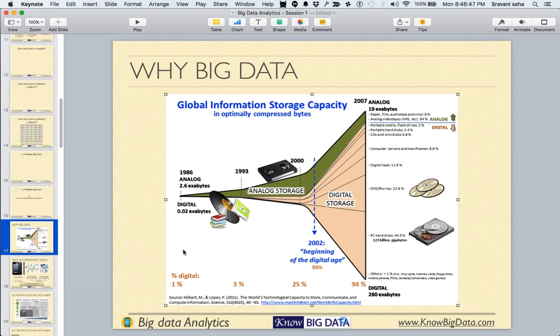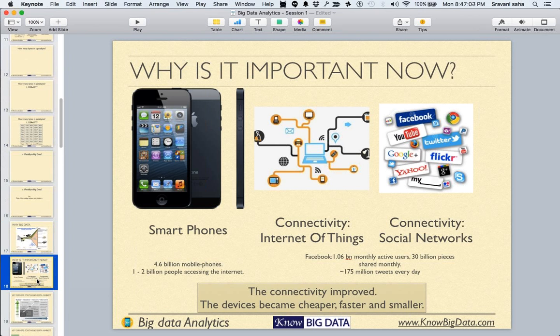All right. So this is a very typical graph, although showing its age now. At some point in history, it shows that digital storage started expanding really fast, while analog storage, such as tapes, paper, and books, did not increase that fast. That was around 2002.